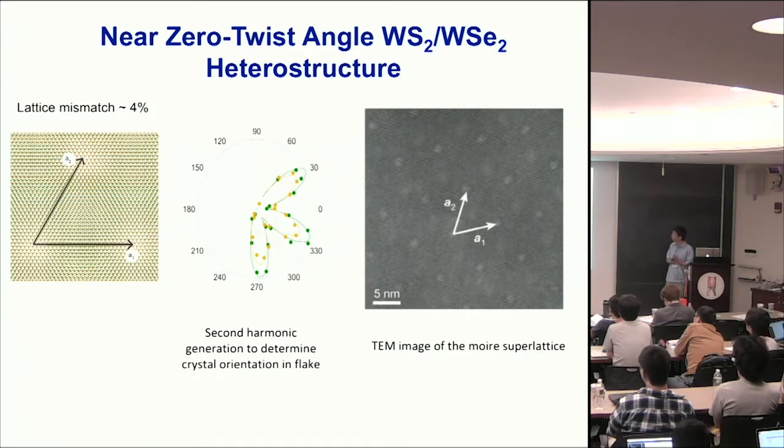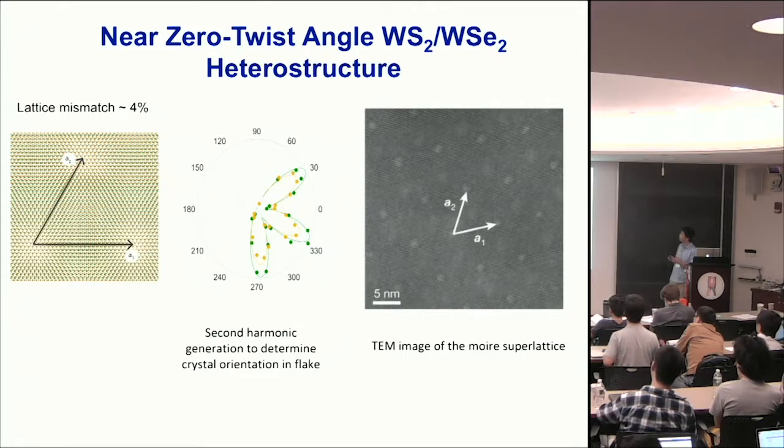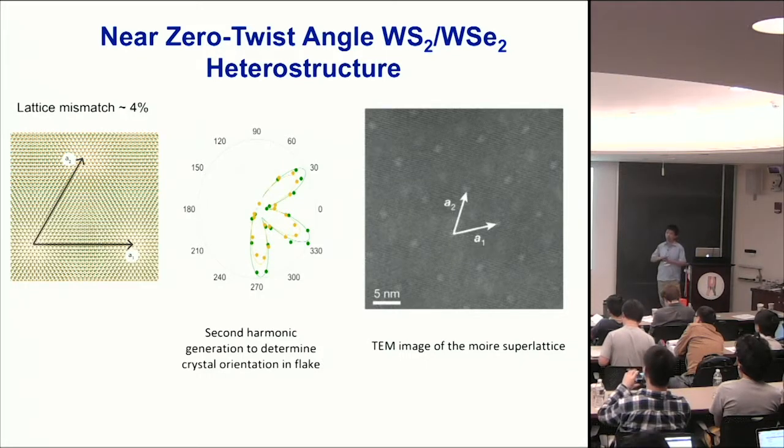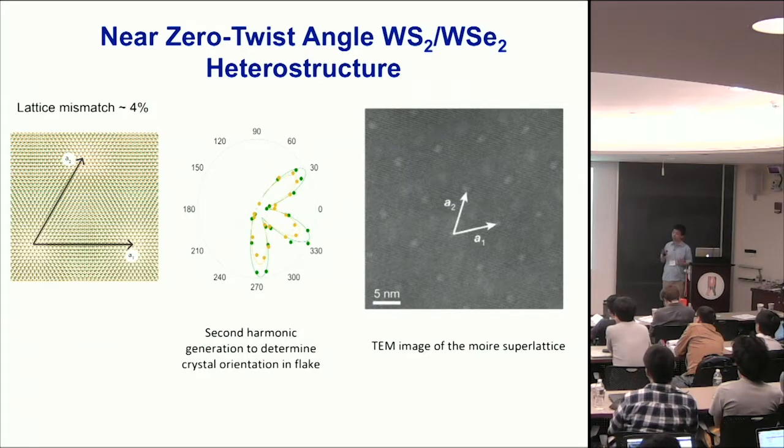And again, we make use of a hetero bilayer with WS2 and WSe2. We choose them because it turns out all the sulfur-based TMD and the selenide-based TMD have a well-defined lattice mismatch. If you have MoS2 and WS2, with the same chalcogenide, their lattice is almost exactly the same.